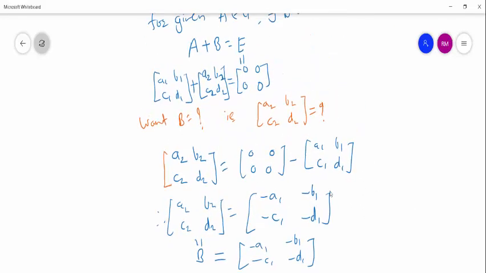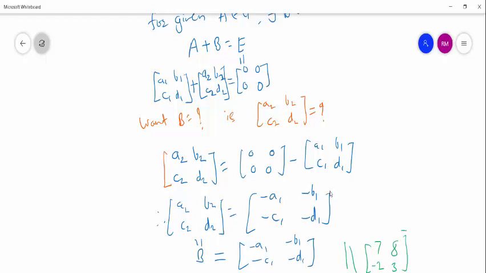This is our A matrix, having entries A1, B1, C1, D1. Corresponding to A, we get the B matrix, minus A1, minus B1, minus C1, minus D1, such that their addition is the identity element, meaning 0, 0, 0, 0. In short, like the A matrix is, say, 7, 8, minus 2, 3.